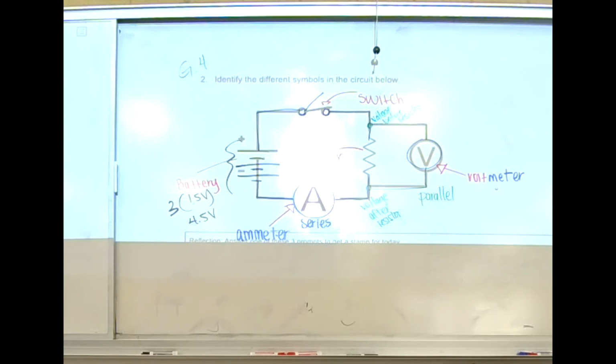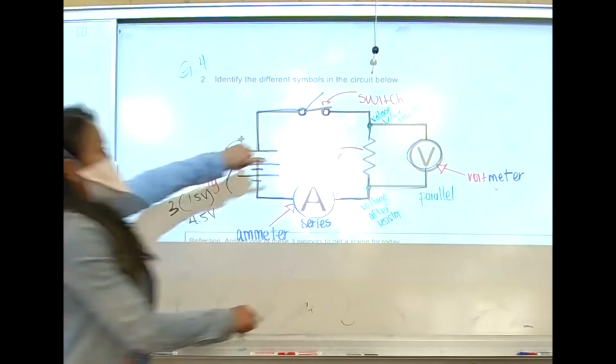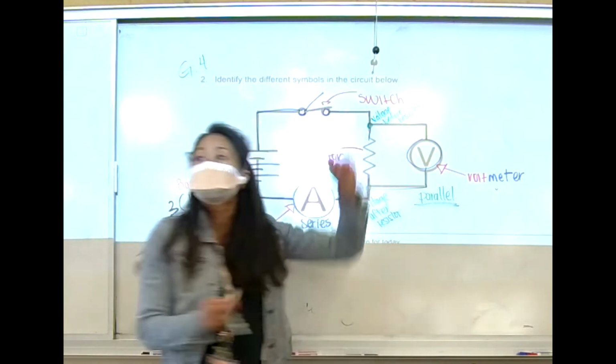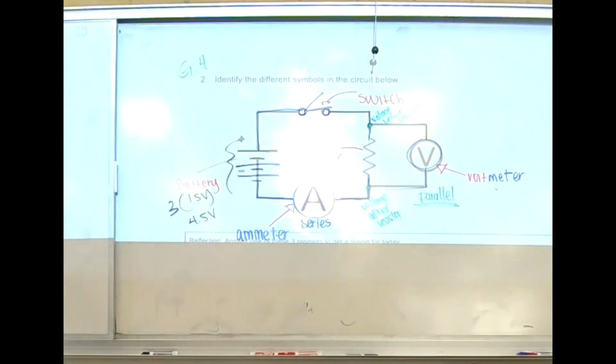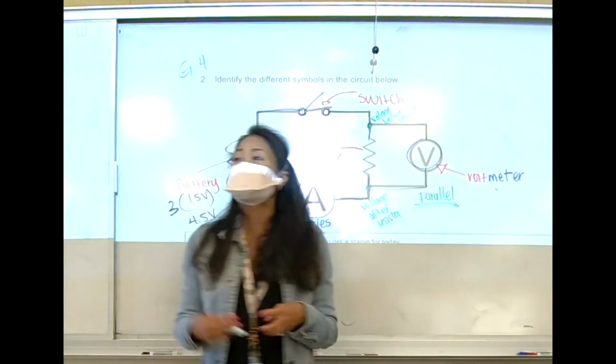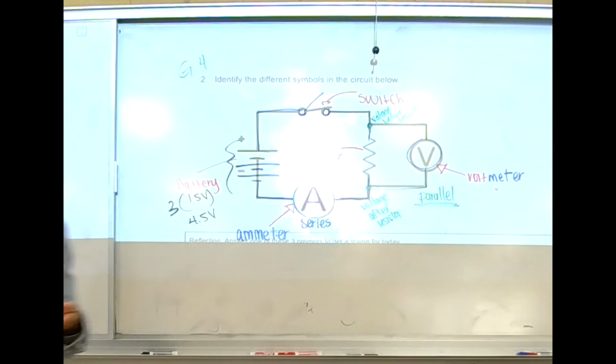So it needs to be located at the opposite ends of your resistor, which we call parallel, in order to work. And understanding how to set up an ammeter and a voltmeter in your circuit is going to be important for your test. Are there any questions on that?